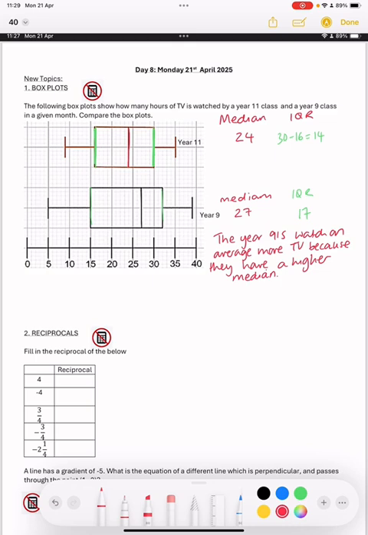And then we need to write a statement about the interquartile range. So the year 9s have a larger interquartile range, which means the number of hours of TV watched is less consistent.